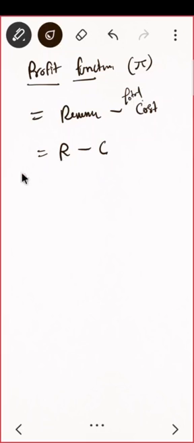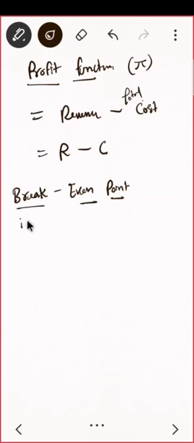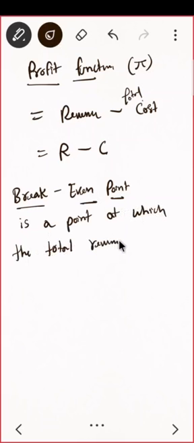Okay. There is one more thing, that is the break even point. Break even point is a point at which the total revenue is equal to the total cost.